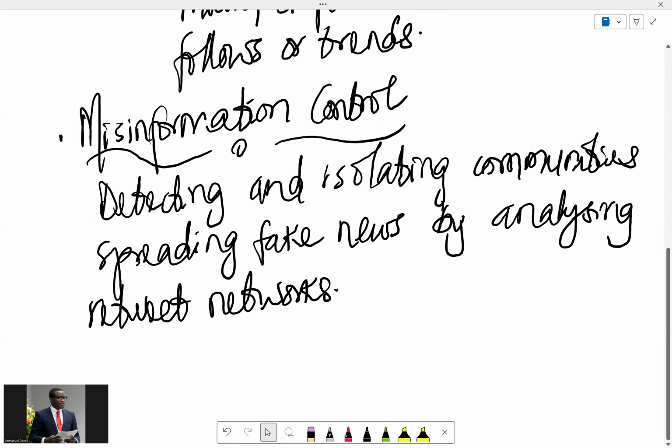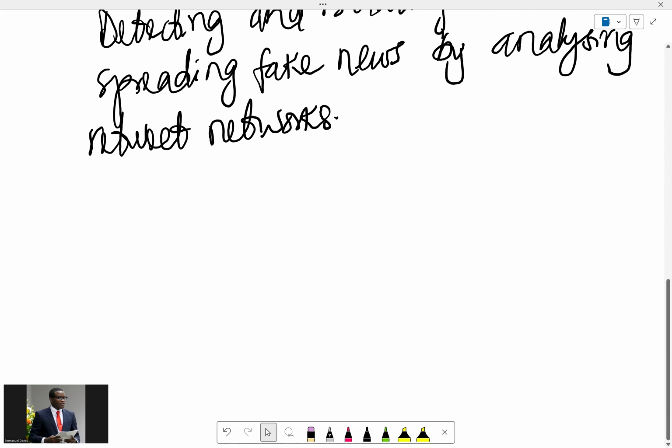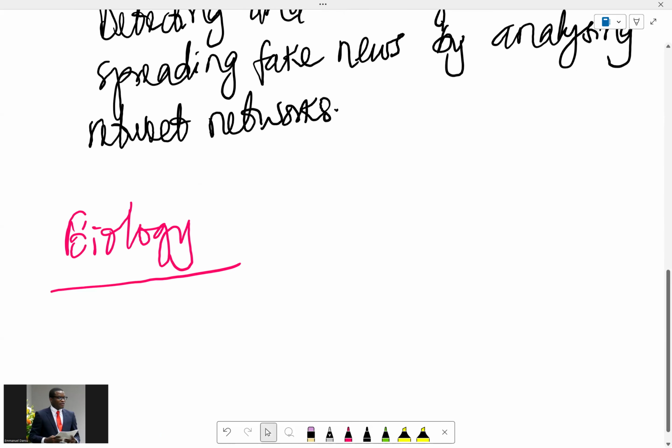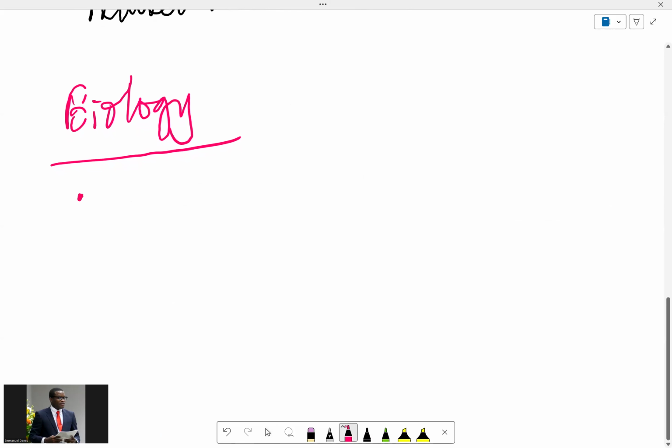Then we can talk about biology, say epidemiology and all that. Under biology, we can have gene co-expression networks, just like the example we had in spectral clustering.